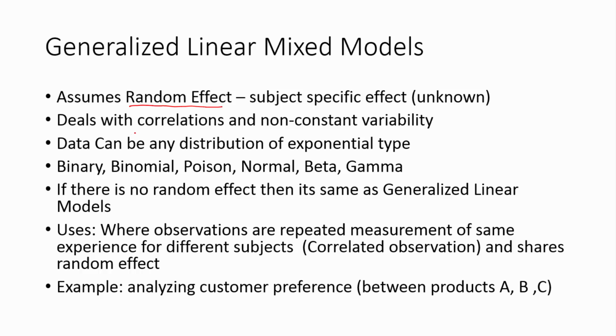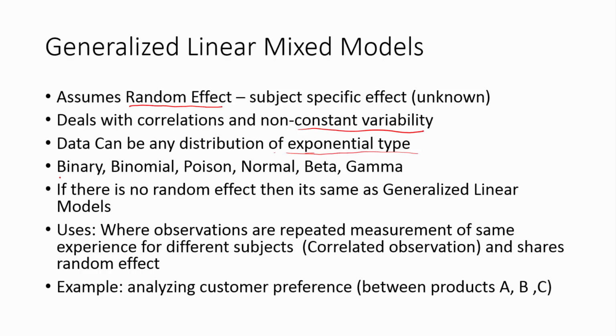This model deals with correlation and non-constant variability very well. Whenever we have observations which are correlated and have non-constant variance, then these models are very useful. We can also use this when the distribution is of exponential type, so the data has to come from an exponential family.